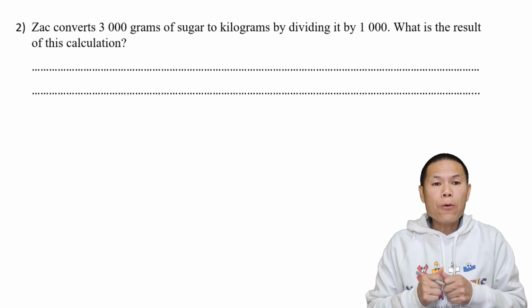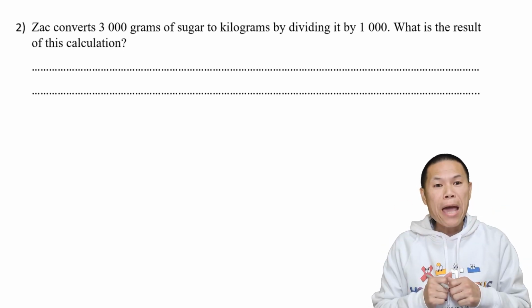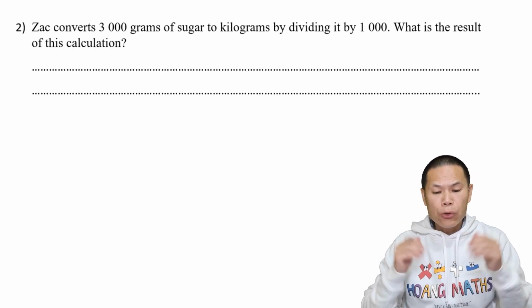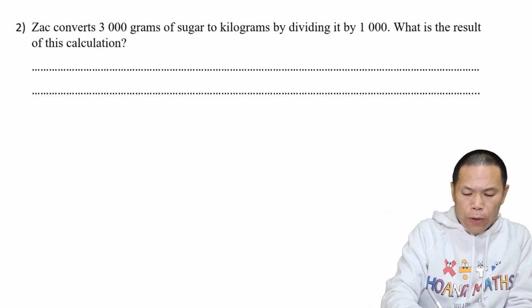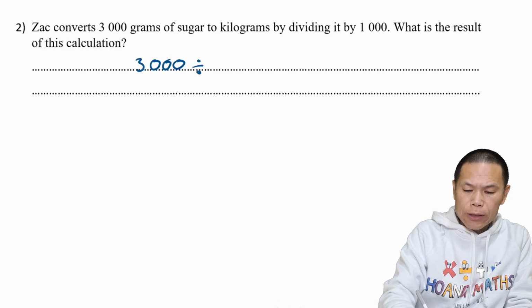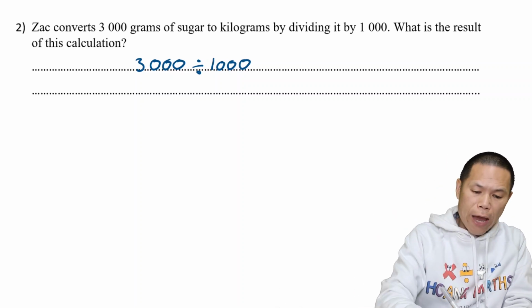Please pause the video and try this one yourself. Hi there, I'm back. Let me just go through it with you. So to convert grams to kilograms, we divide by 1,000. So therefore, we have 3,000 here and we divide by 1,000. So we simply cancel the 0s out.